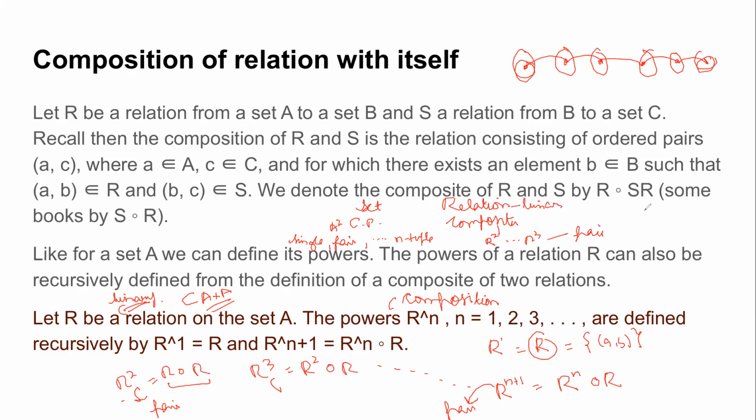Suppose instead of a binary relation, it is a ternary relation, which means it is a subset of three sets A, B and C. Then what will be the elements of the powers of relation R, that is R square, R cube, Rn?